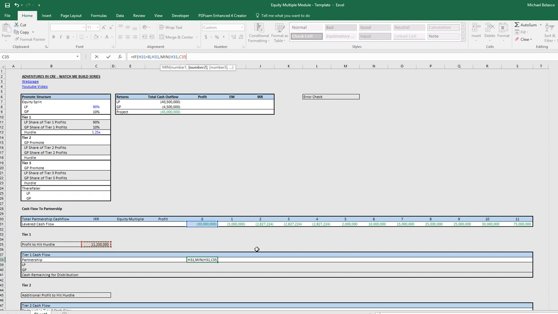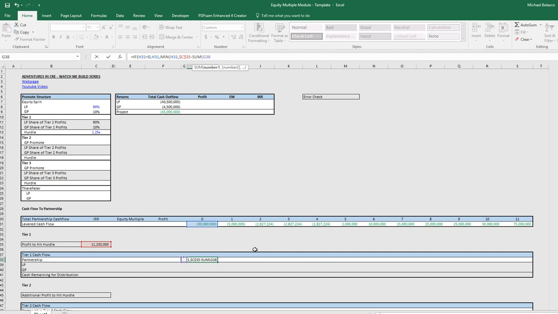I'm going to lock this cell so it doesn't move as we copy this formula down. I want all the formulas to keep this cell in place, so I hit F4. So I want the minimum of cash flow in period 0 or profit to hit the hurdle, less the sum, and I'm going to reference the cell to the left of the cell that we're in now, leaving that blank, and lock it in.